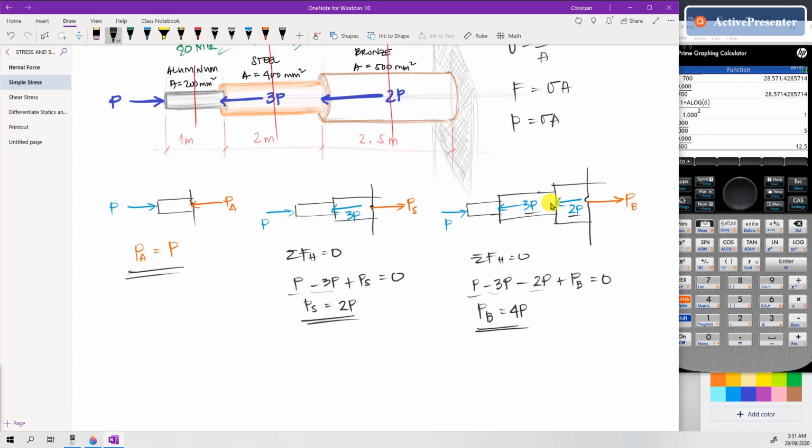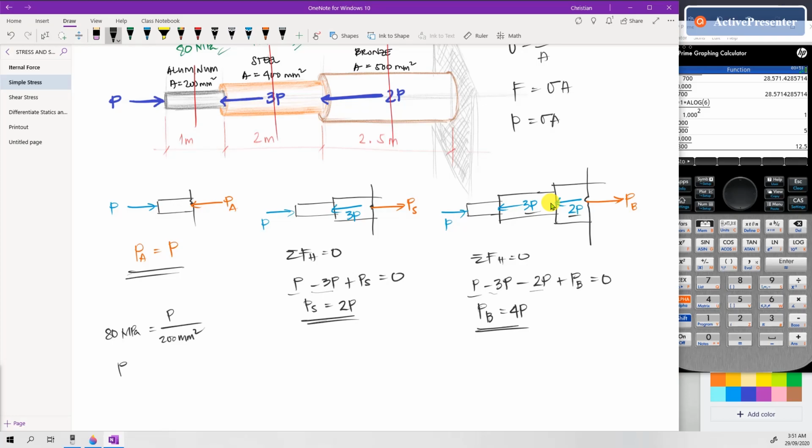Then yung stress natin na 80 megapascal. Stress is force, so force P over area na 200 millimeters squared. Okay?